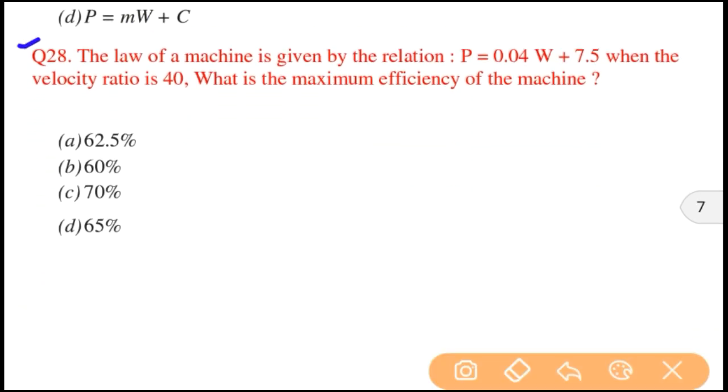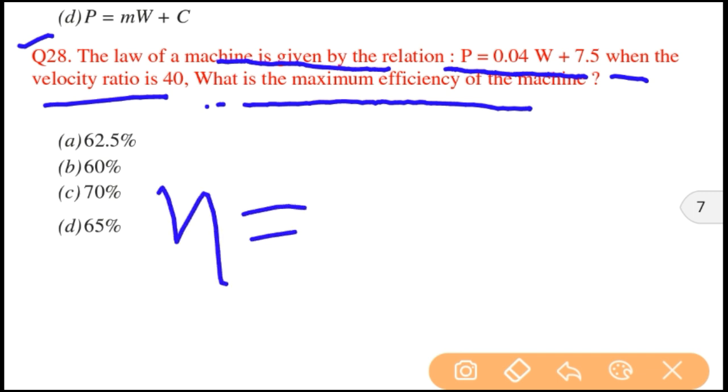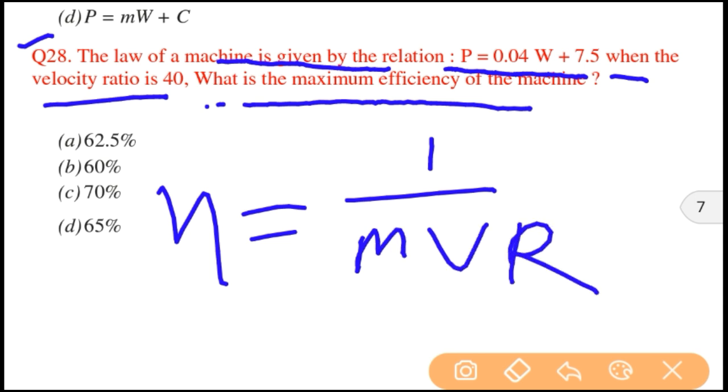In the next question, the law of machine is given by the relation P equals 0.04 W plus 7.5 when the velocity ratio is 40. What is the maximum efficiency of the machine? Maximum efficiency is given by eta equals 1 by m into the velocity ratio.